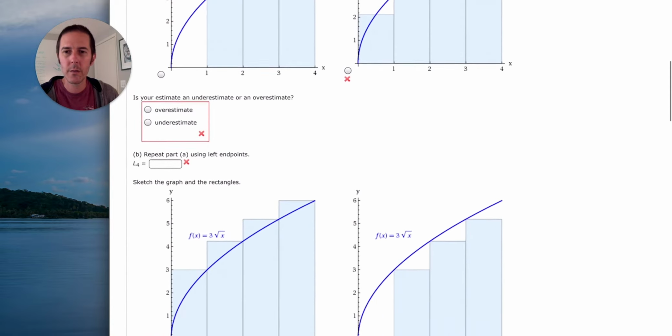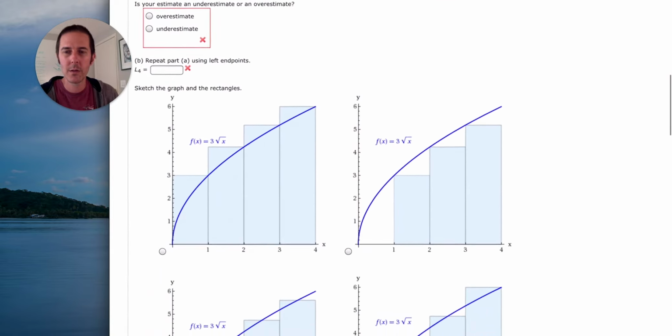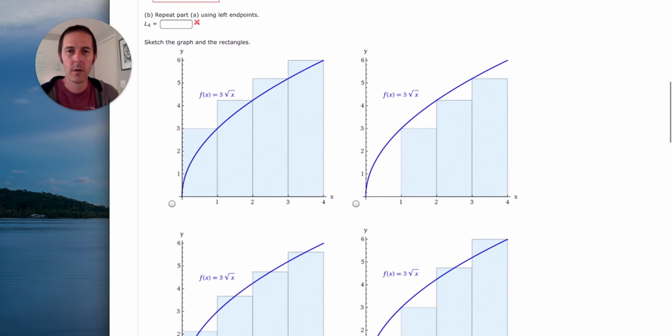So repeating the process, but using left endpoints. If I'm using left endpoints, then my first x coordinate that I'm going to use is going to be x sub 0. X sub 0 is the a value.